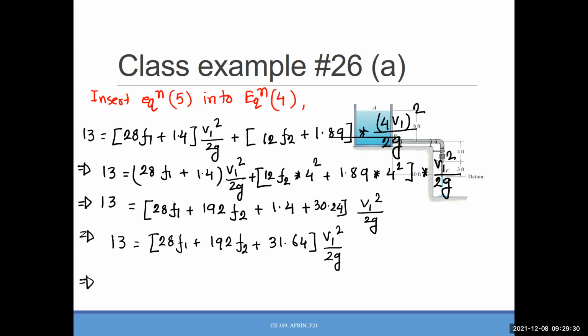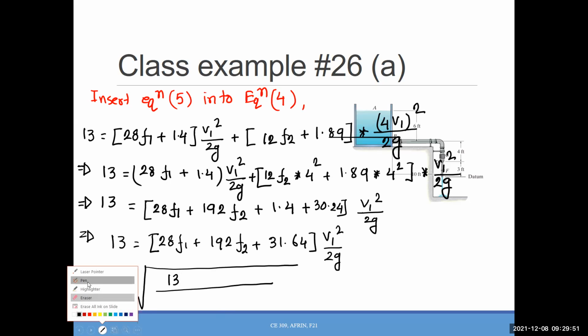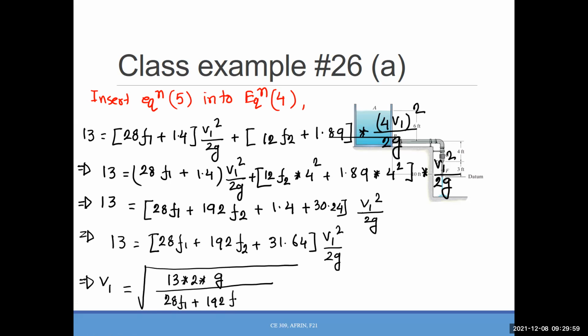Now, since we are trying to find Q, which is a function of velocity, why don't I express this equation in terms of velocity? So that will be 13 multiplied, 28 F1, 192 F2.